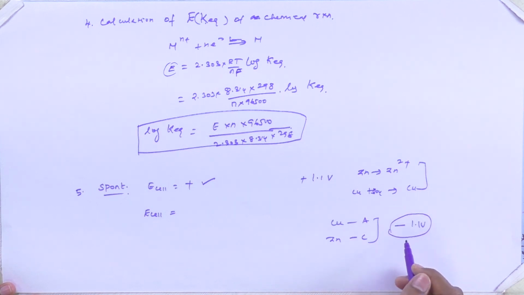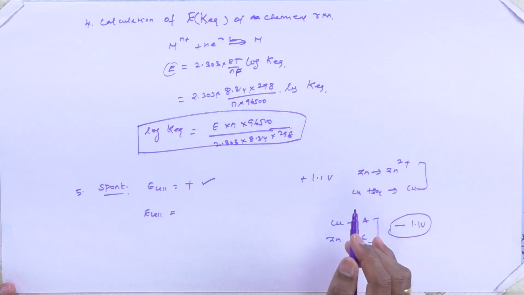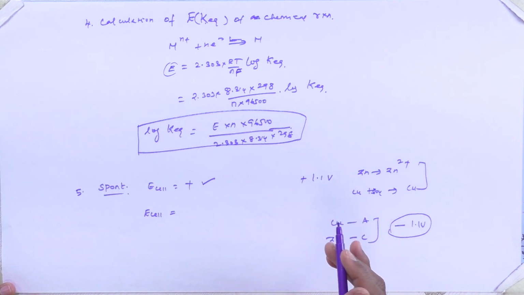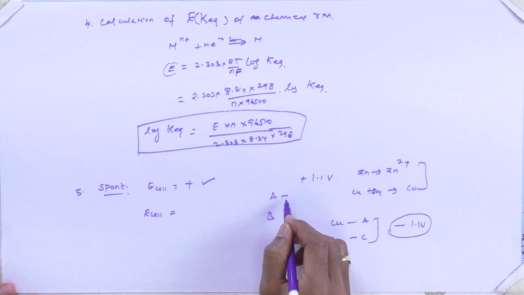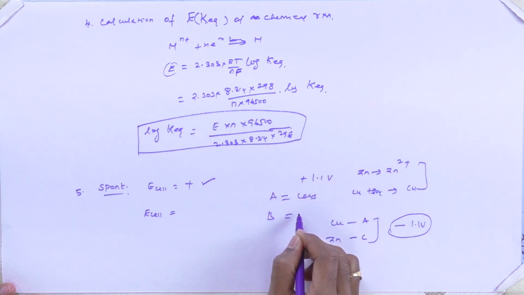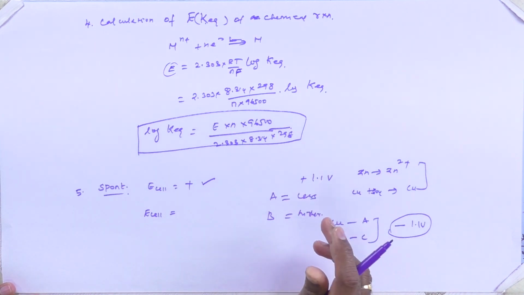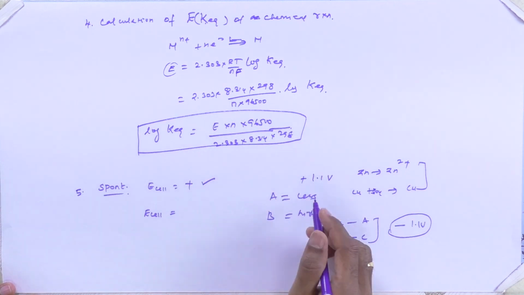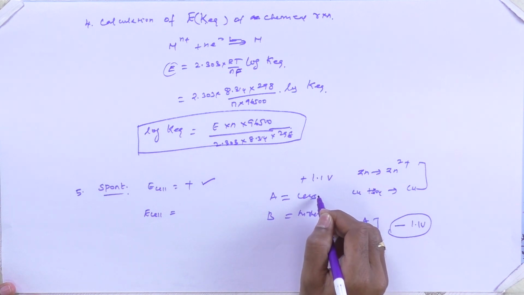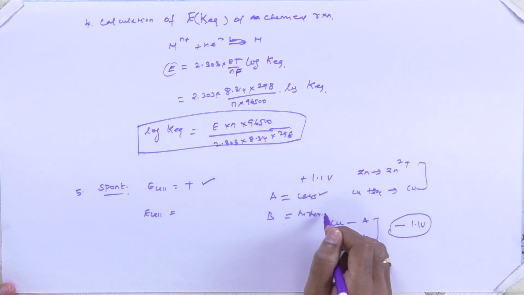Therefore, if we want to construct an electrochemical cell, we have to place the anode and cathode in the appropriate positions. According to IUPAC, if you are taking two metals A and B, where A has the lower value and B has the higher value, the lower value metal must be placed on the left hand side and the higher value metal on the right hand side.